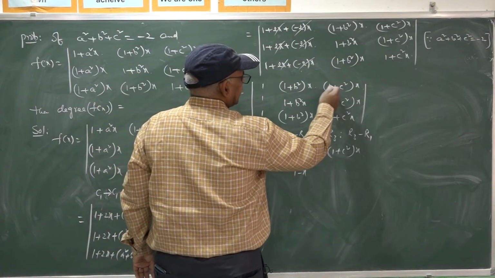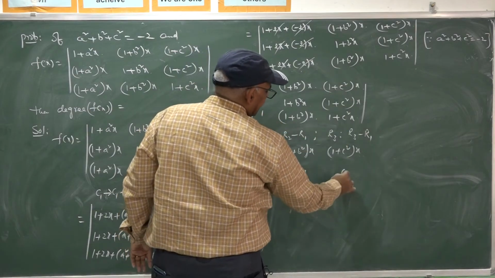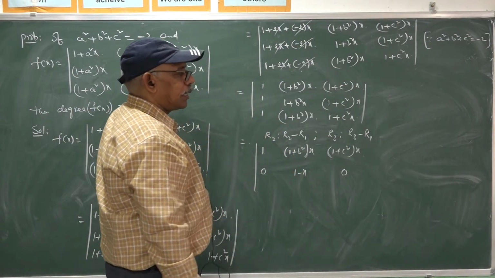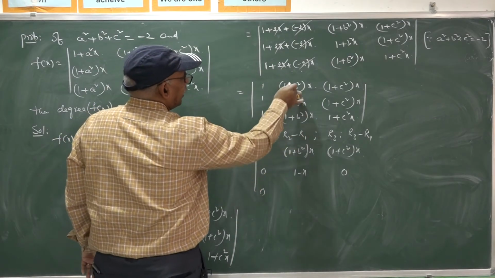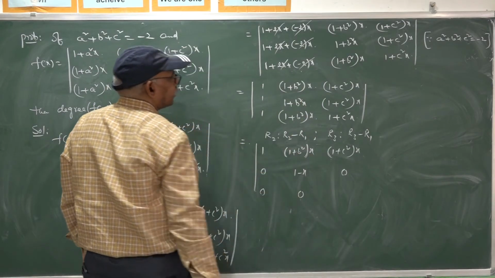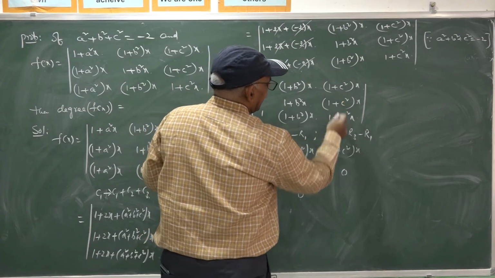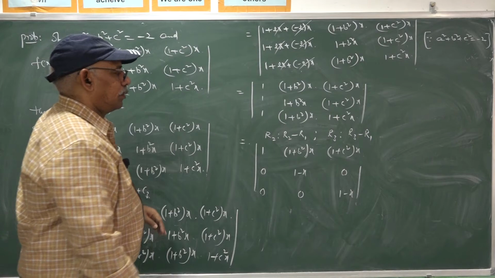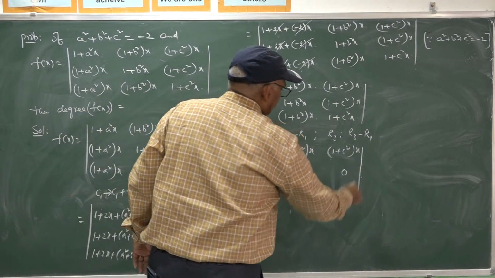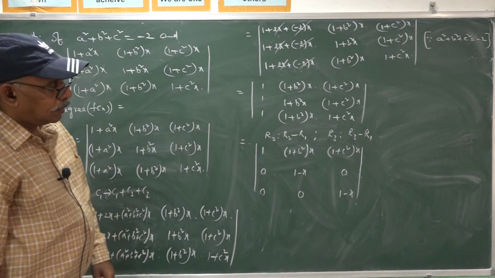And 1 plus c square x minus 1 plus c square into x is 0. Similarly, R3 minus R1: 1 minus 1, 0. Subtracting these two, we get 1 minus x. This is our determinant.